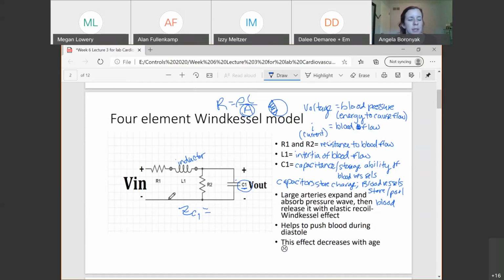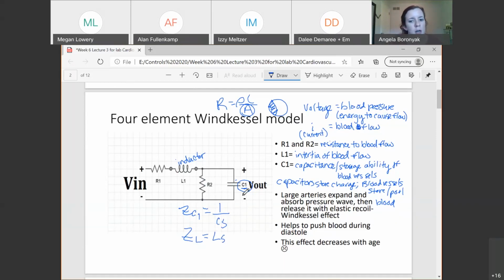How do I write impedance in the S domain for a capacitor? 1 over CS, good. What's the impedance of an inductor? As a reminder, my inductor L1, good, LS. So I can use those to come up with my transfer function.